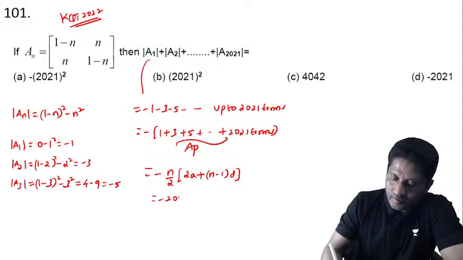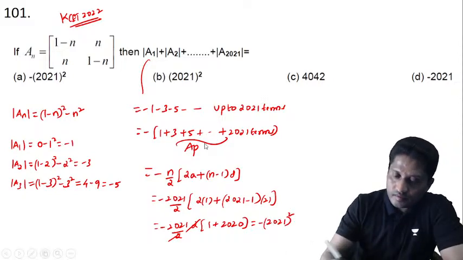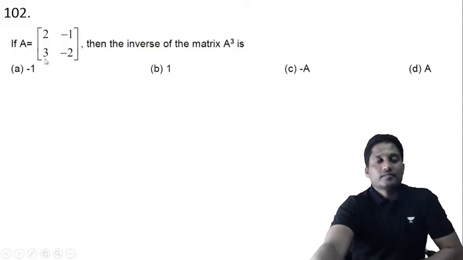This is 2021 by 2 into 2a, that is 2 into 1 plus 2021 minus 1 into difference 2, with a minus sign outside. Minus 2021 by 2, take 2 outside, it is 1 plus 2020. The 2s will cancel, and if I multiply, this is minus 2021 the whole square. Okay, answer is option A.